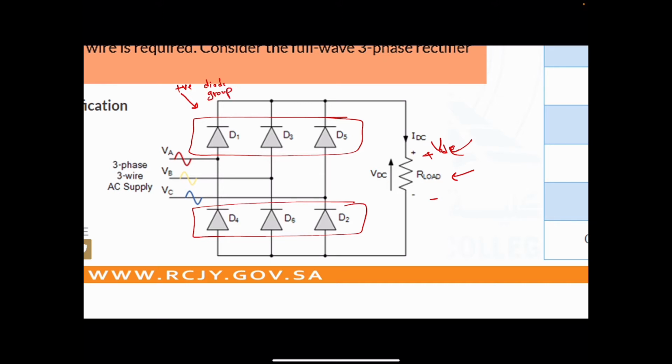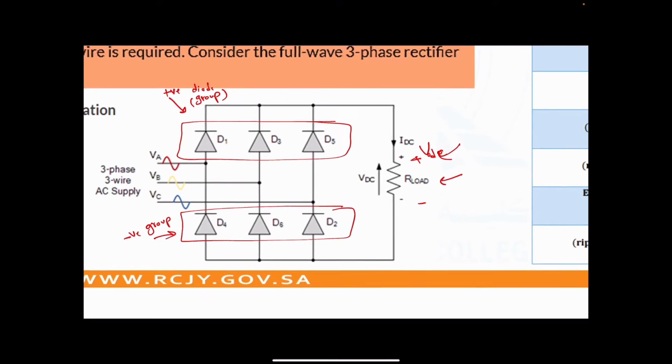Okay, here we can call them the negative group of diodes. Now, how the diodes are working, when D1 is conducting, when D2 is conducting, when D3, and so on, we will see inshallah how to group them. We will see the waveform, how they are acting.